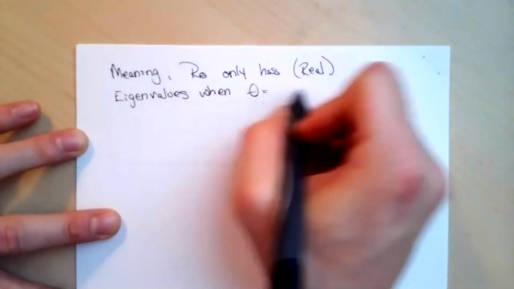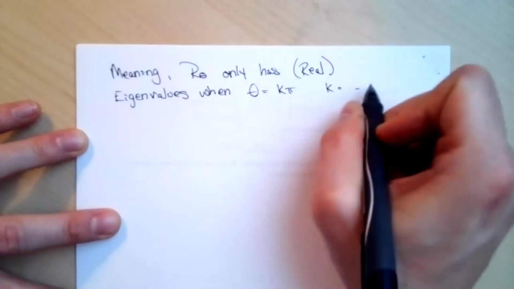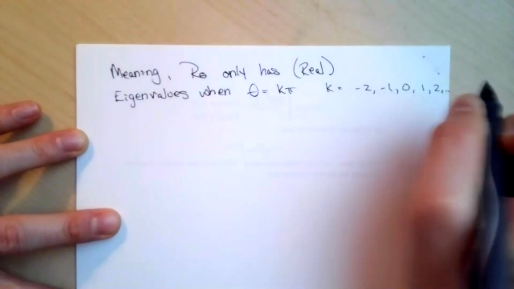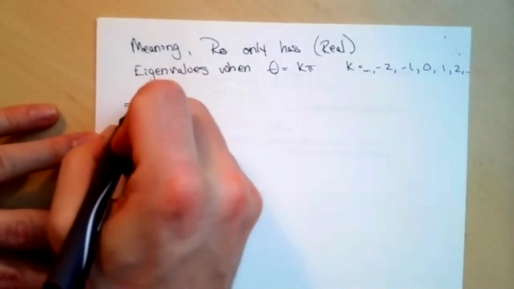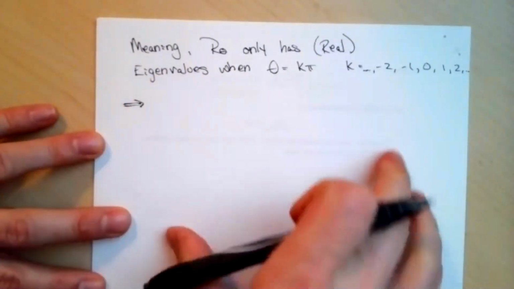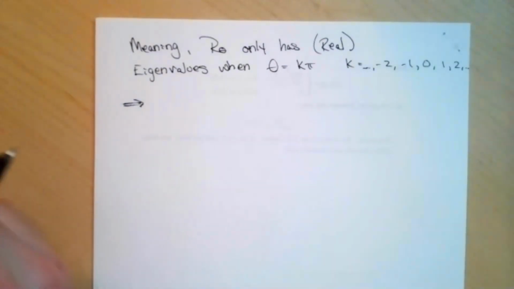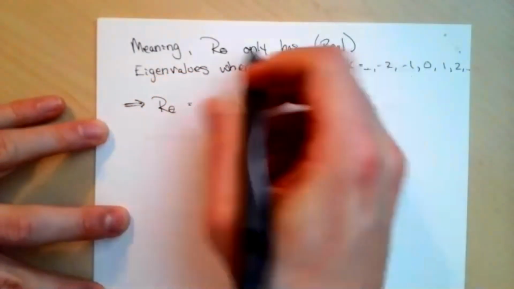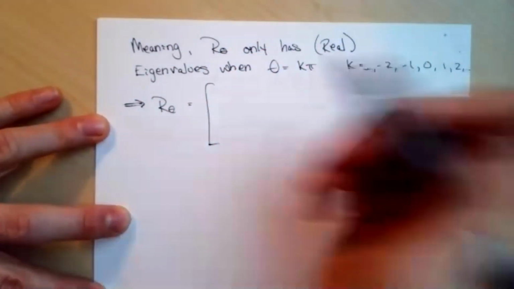Meaning that if we rotate just some arbitrary amount through the plane, there are no fixed directions. The only time we have fixed directions is when we rotate by a multiple of pi.